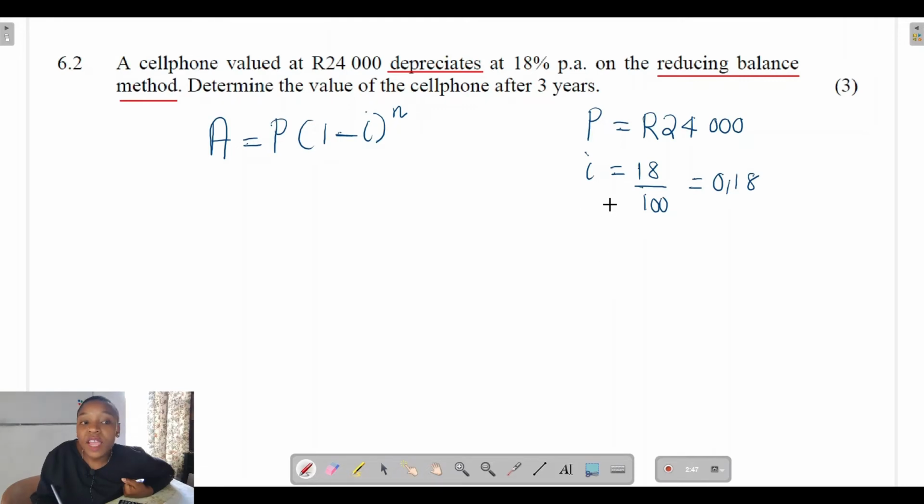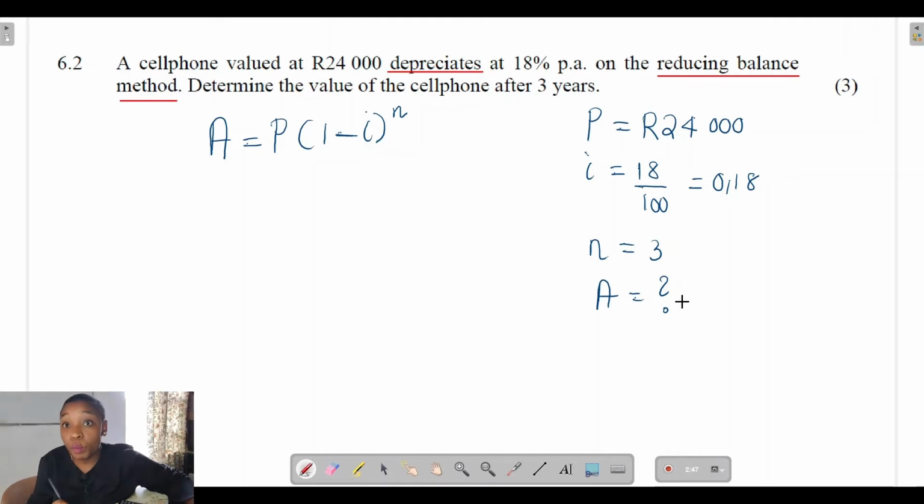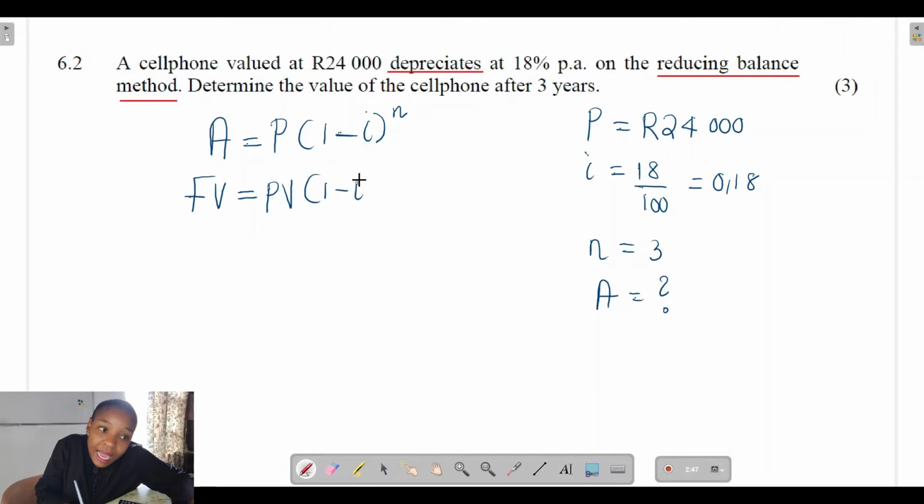We want to find out how much the cell phone will depreciate by in 3 years, so n is equal to 3. And then we are looking for A, the future value of the cell phone if it depreciates by 18% for 3 years. So this can also be written as future value equals present value times (1 minus i)^n.